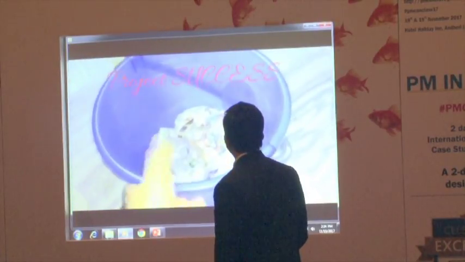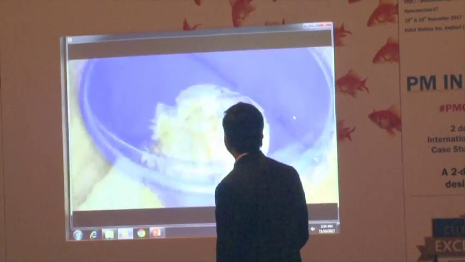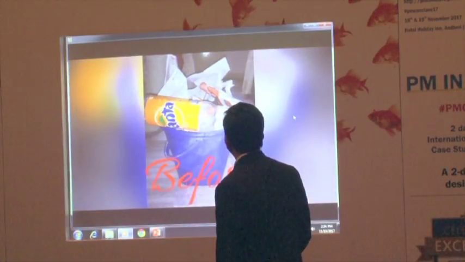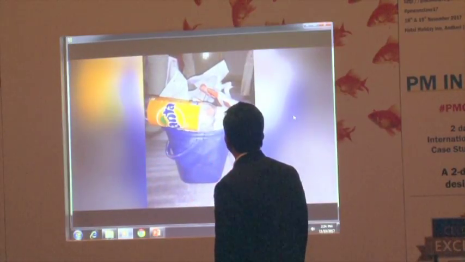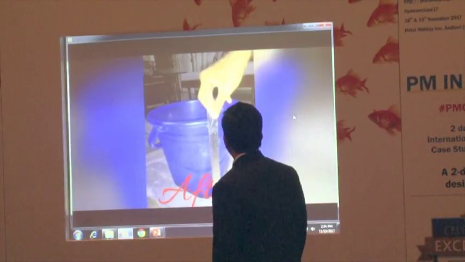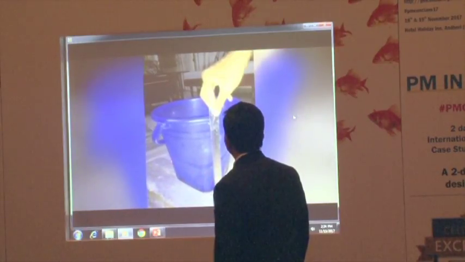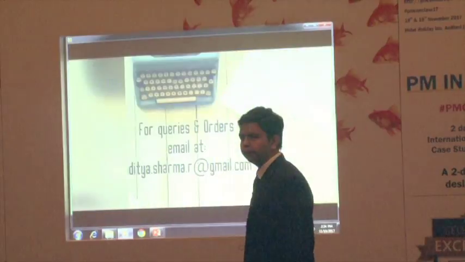So you can see the amount of compaction being achieved. Before it was like this much, then it's around here. It was around a 60% reduction in volume.